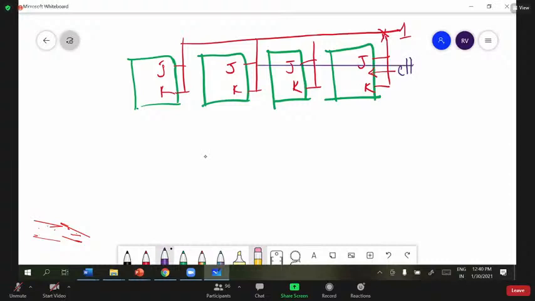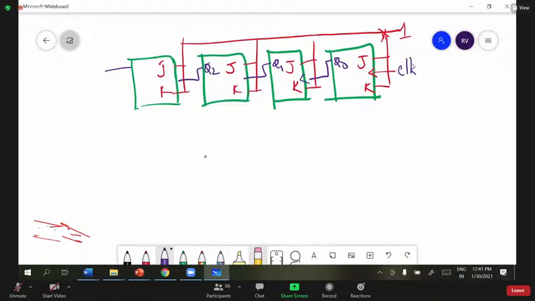This is the clock signal, and the output of this is connected as the clock here. So this is Q0, this is Q1, this is Q2.